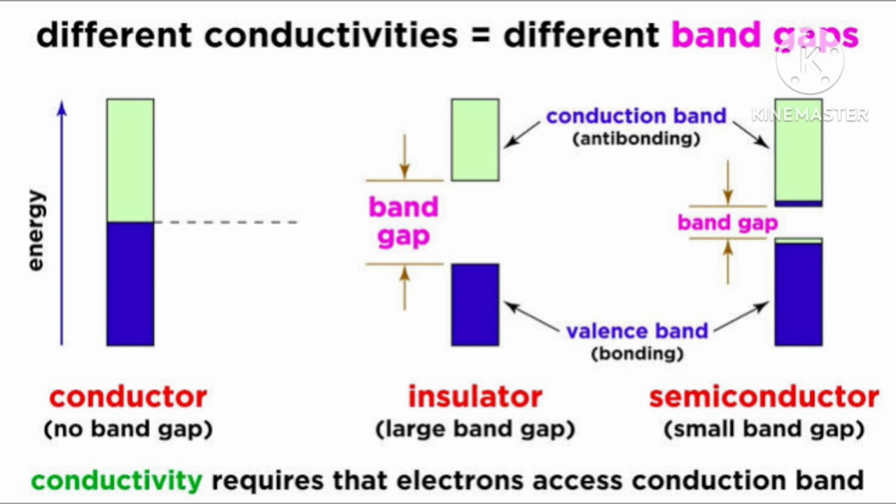In metals both are possible, conduction band or unoccupied conduction band. Then electrons will flow from the conduction band to the unoccupied conduction band.